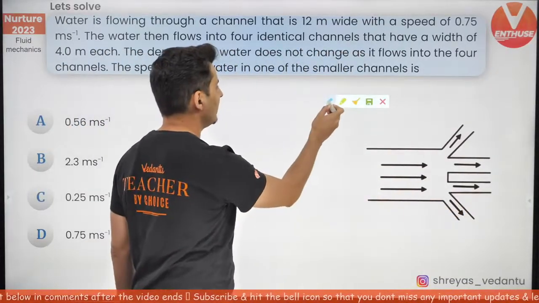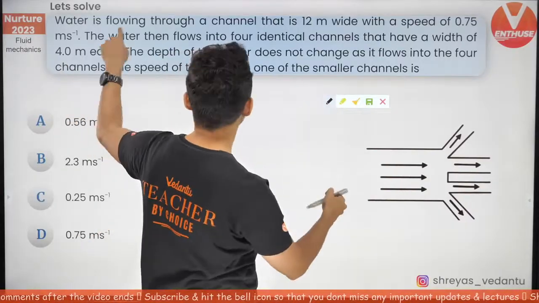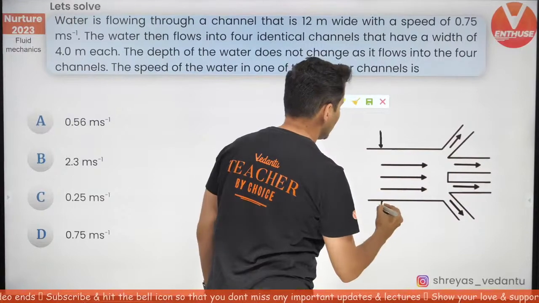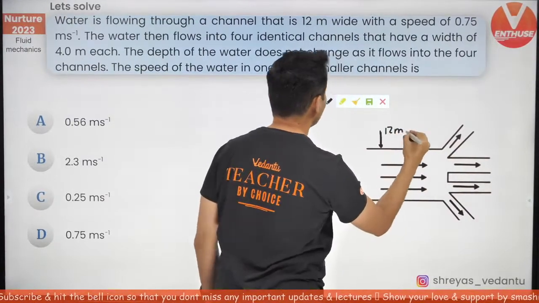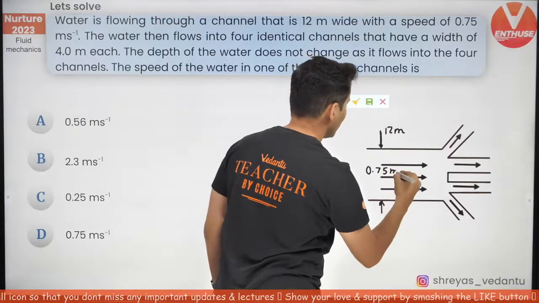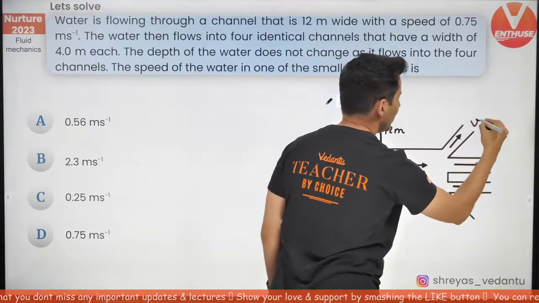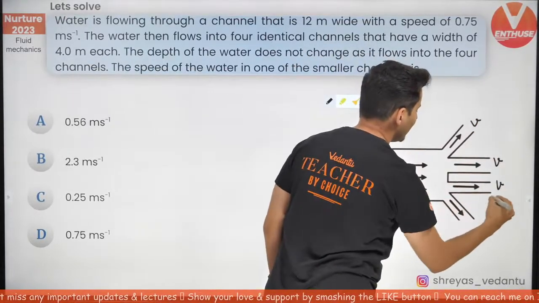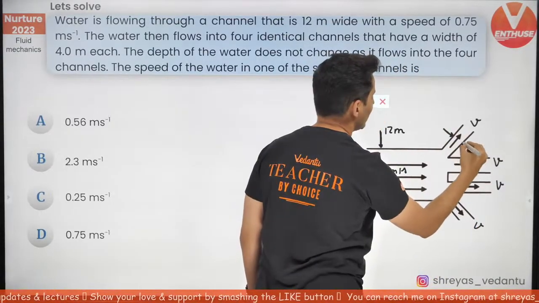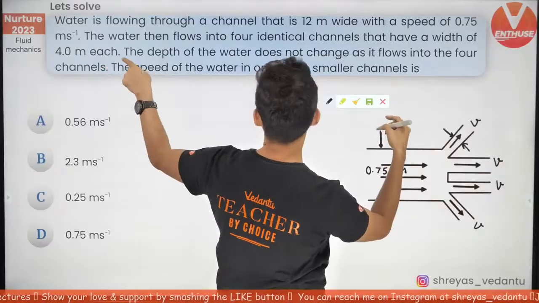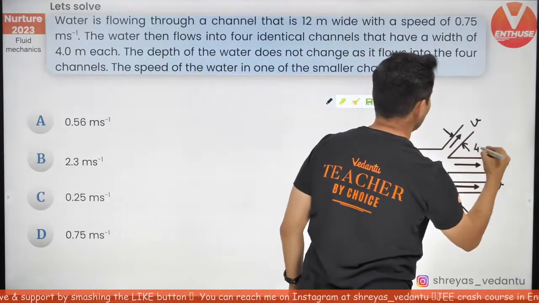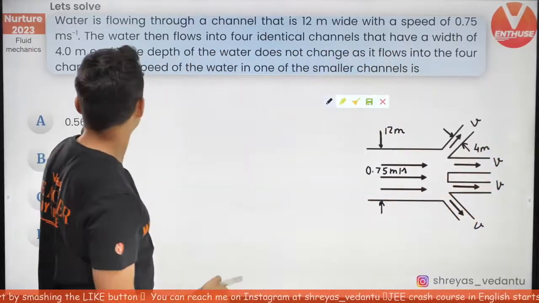Now, over here, the given data says the width of the channel is 12 meters. The speed is 0.75 meters per second. Here the speed is V, V, V and V, and the width is 4 meters.